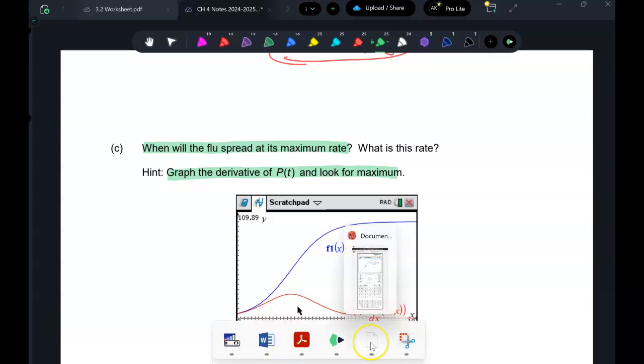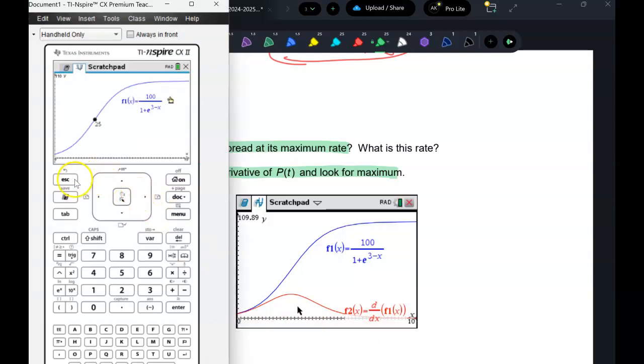Wait, it says graph the derivative of t, but wouldn't it be graph the derivative of the derivative? Yeah, so do you see how I have an F2 here? So this should help. Go to F2, press tab. You're going to type in d dx.